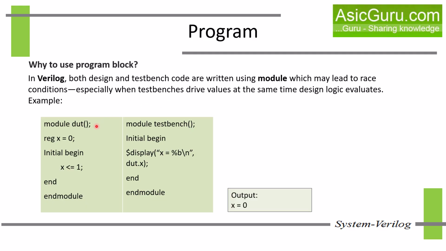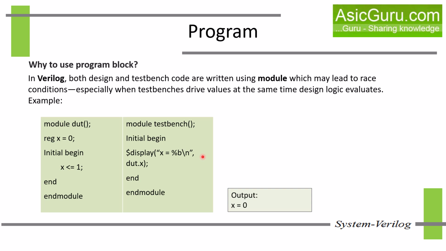We have a module DUT, and initially it sets the value of x to 0, and inside the initial block we set the value of x to 1 using a non-blocking assignment. At the same time we have another module, the test bench module, which tries to read the value of x and display it.